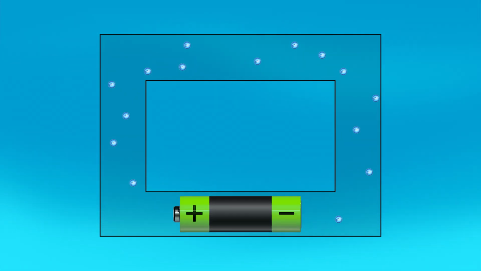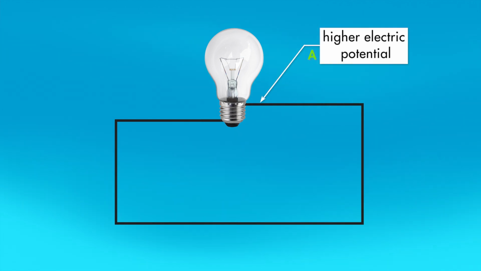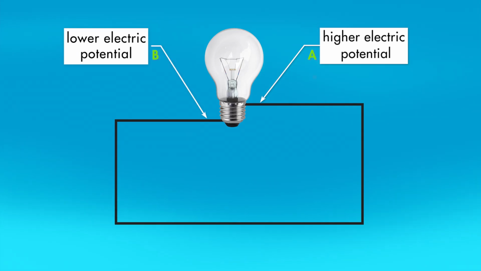A battery or some other electrical source connected to the circuit provides the EMF to keep electrons flowing through the circuit. When a load is connected to a circuit, the electric potential will be higher where the current enters the load and lower where the current leaves the load.